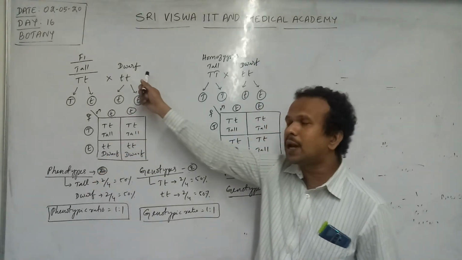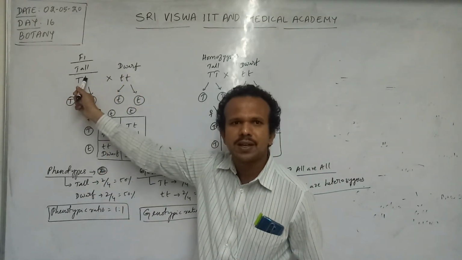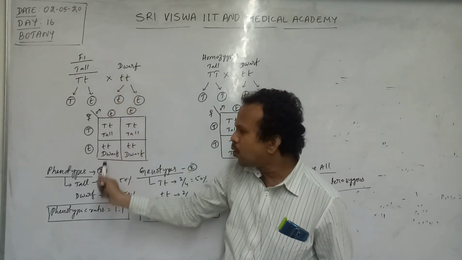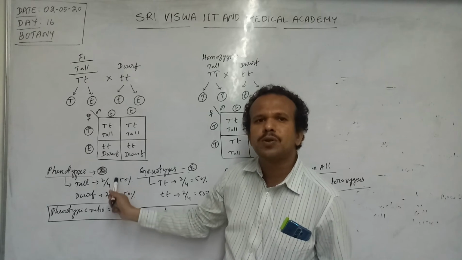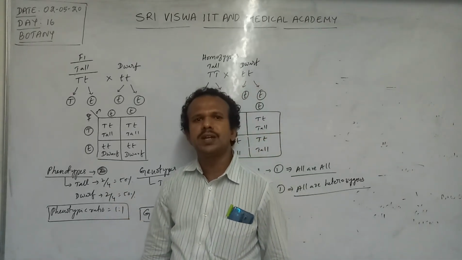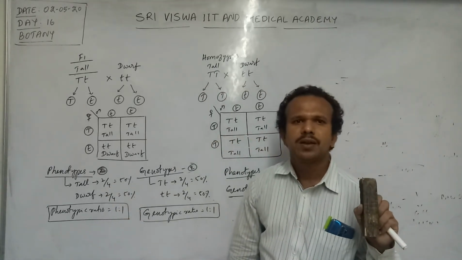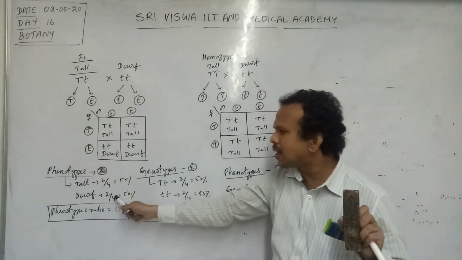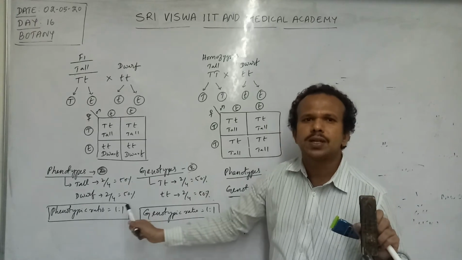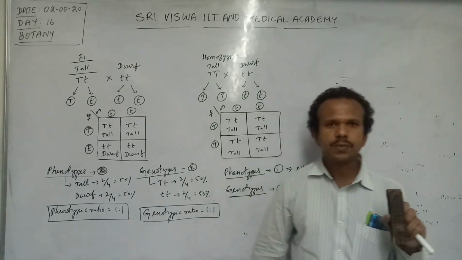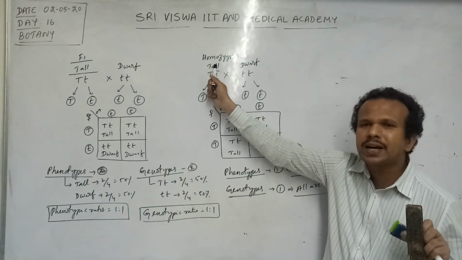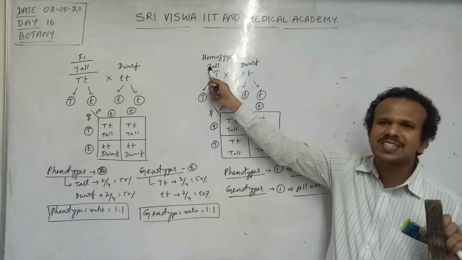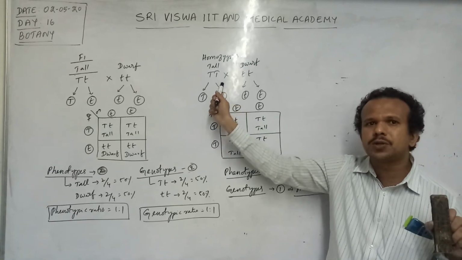If F2 tall plant is heterozygous, when it is crossed with recessive parent, both tall and dwarf plants are produced in equal proportion, in 1:1 proportion. The phenotypic and genotypic ratios remain 1:1. If F2 tall plant is homozygous, it contains capital T genotypes.